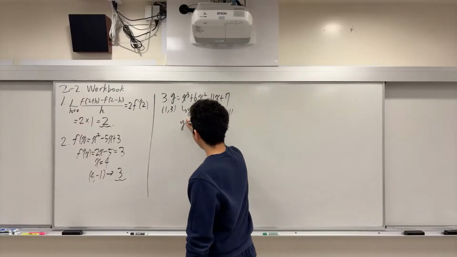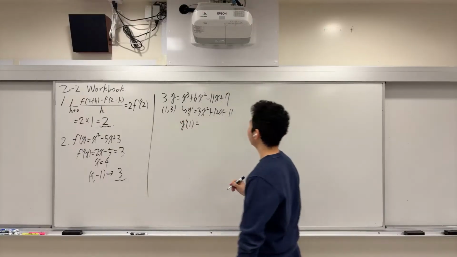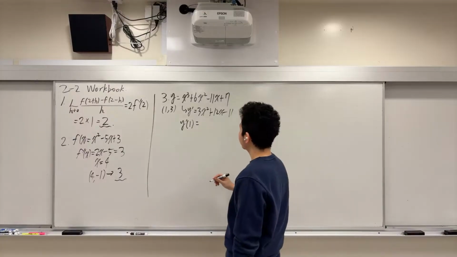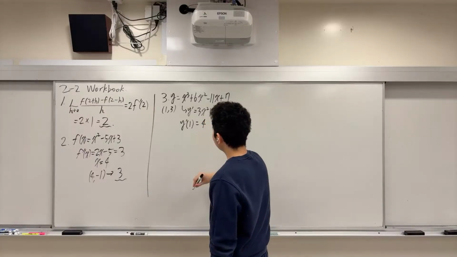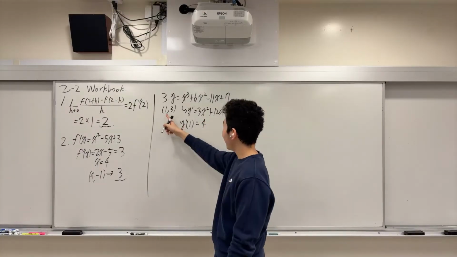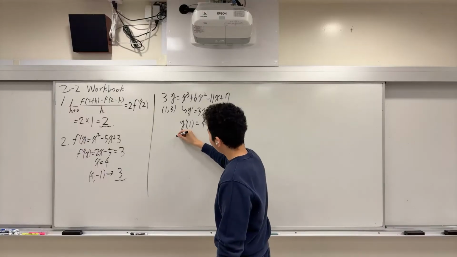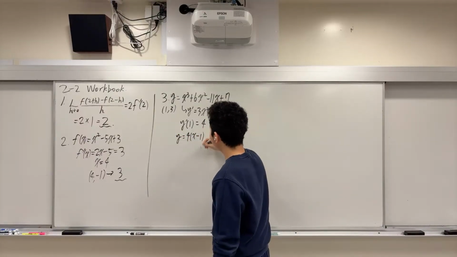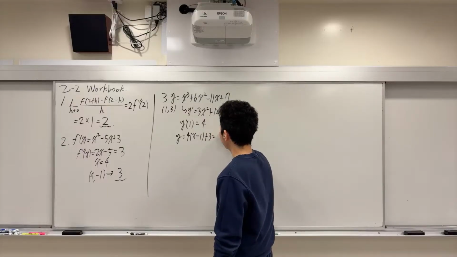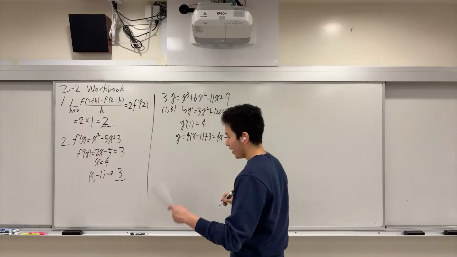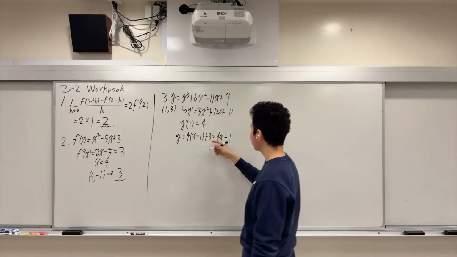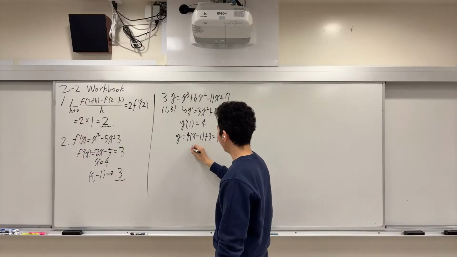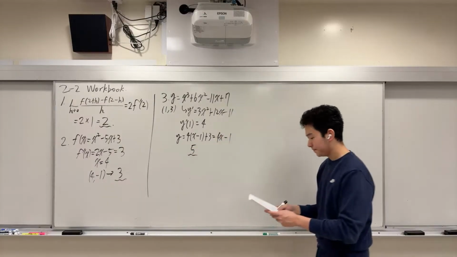And we can plug in 1. So that's 3 plus 12 minus 11, which is 4. So now we got our slope and the tangent point, so we can figure out the equation right away. 4 times x minus 1 plus 3, which equals 4x minus 1. And find the value of m minus n, so that's 4 minus negative 1, which is 5.